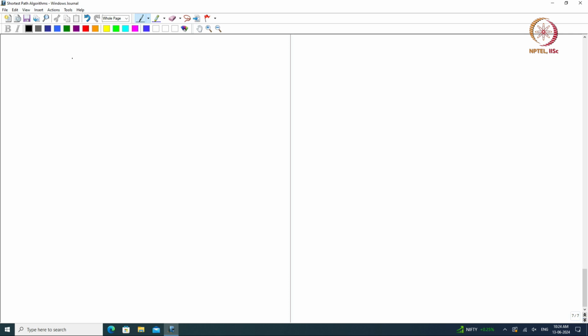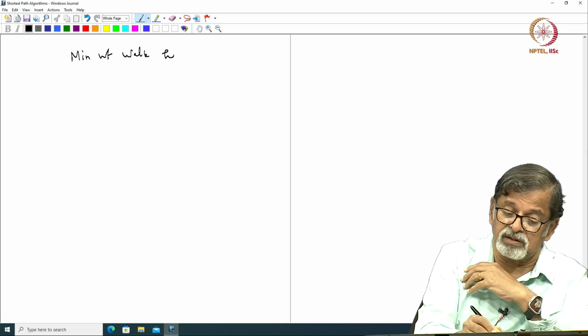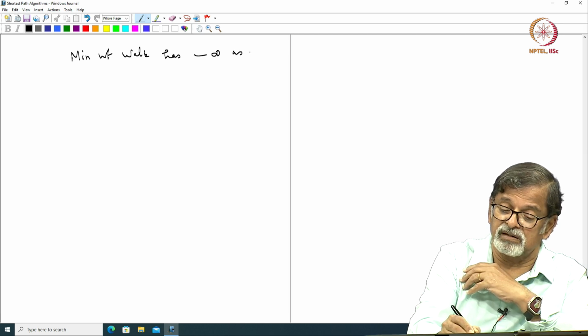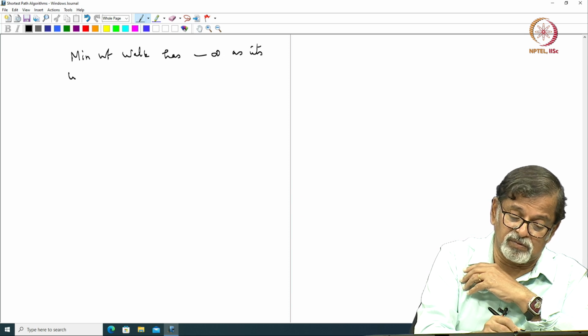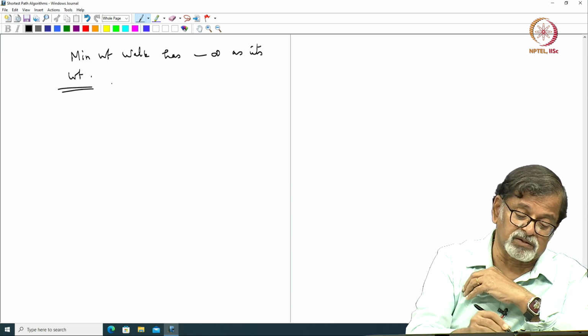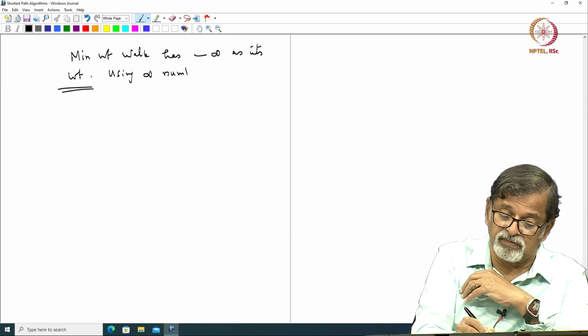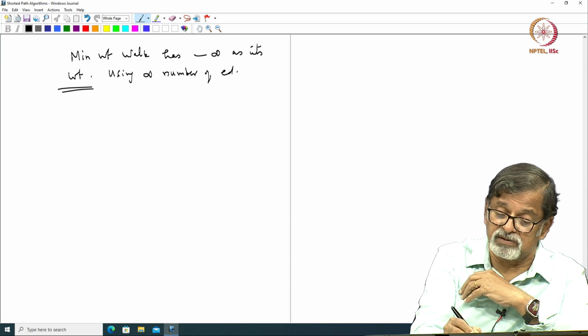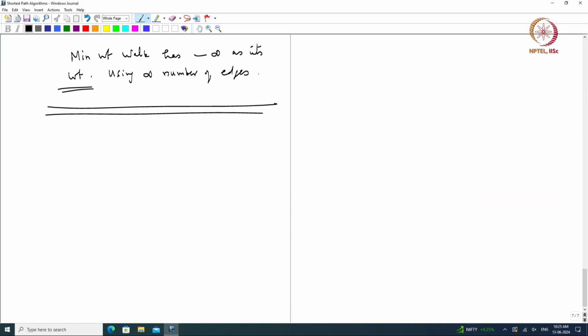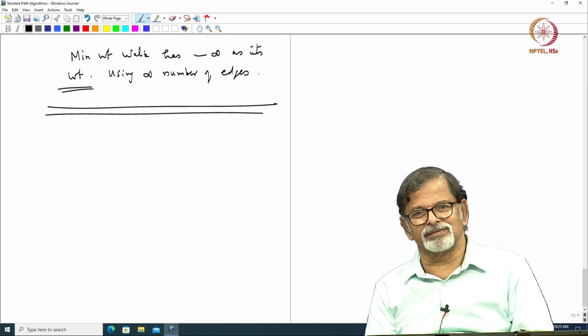The minimum weight walk has minus infinity as its weight, and it is also using an infinite number of edges. This is the reason why we normally say that the shortest walk is not well defined, it is not finite.